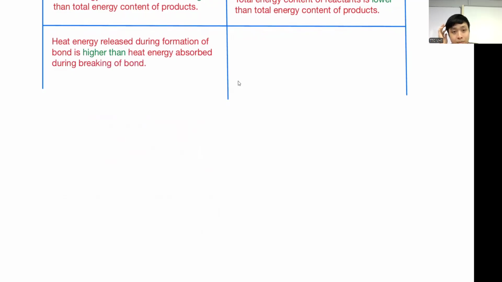Just like this. This one I explained in the physics class already. I literally called people out and explained this part.